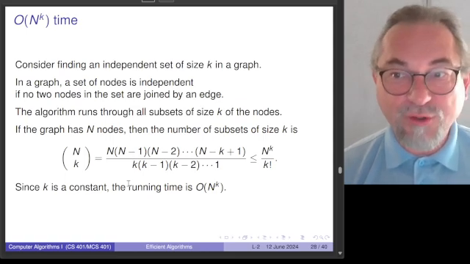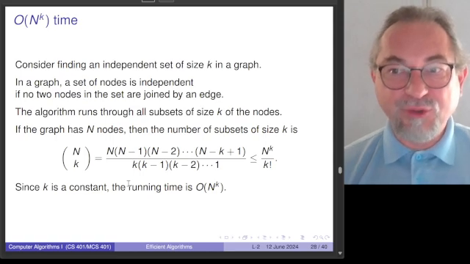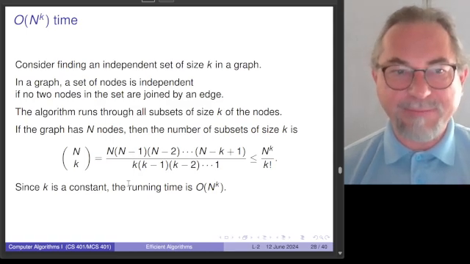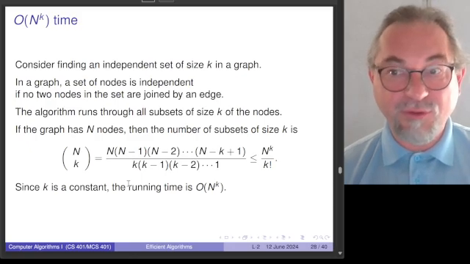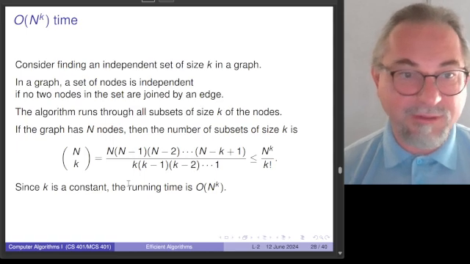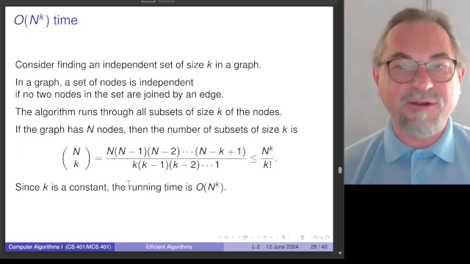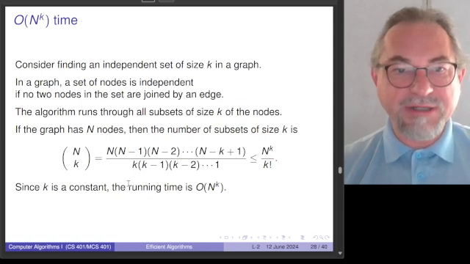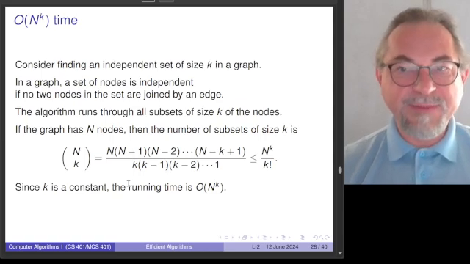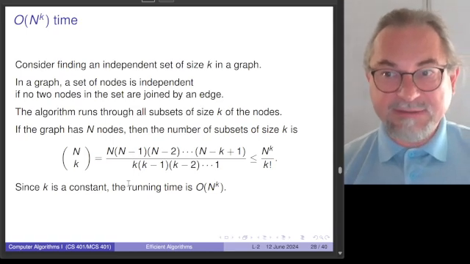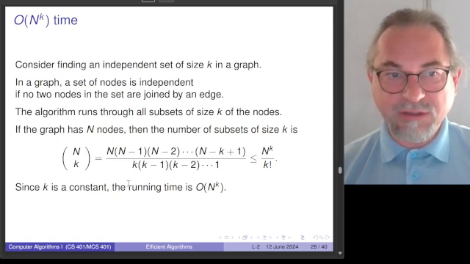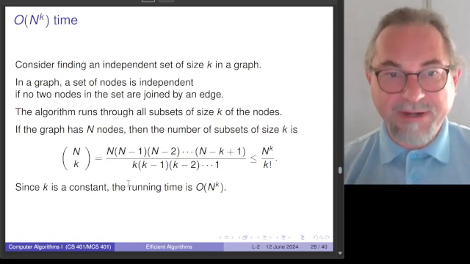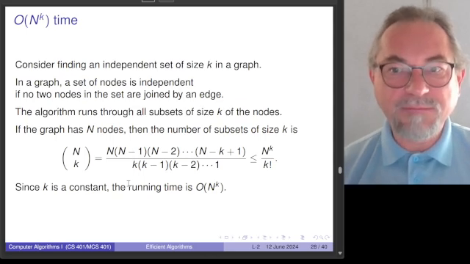We have the k factorial in the denominator, but notice that the k factorial is a constant, independent of the capital N. So the k factorial will grow, and it makes sense to ask this for large values of k. So it can still be very large, but the k also appears in the exponent. So it's important here to make a clear distinction, which is the variable, the input size, or the dimension, and compare this to what is constant.